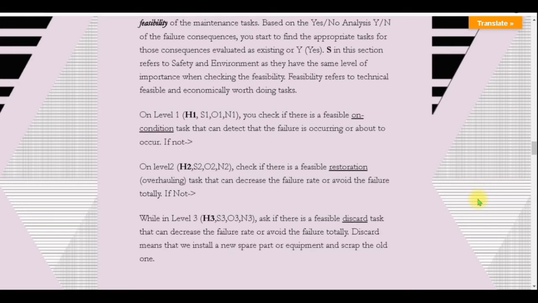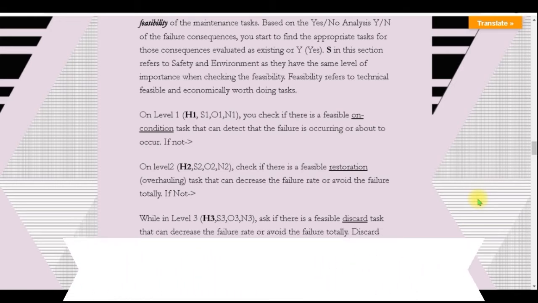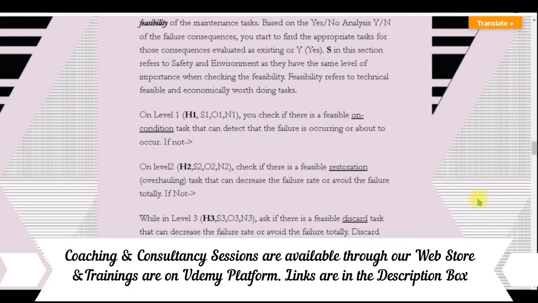Now when I say H1, I'm looking for an on-condition task. The priority is to find an on-condition task that should be feasible. Feasible means that the cost of doing the task will be less than the cost of the failure. In our failure effect analysis we collected a lot of information and data.